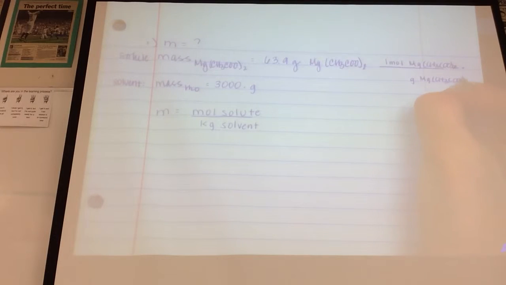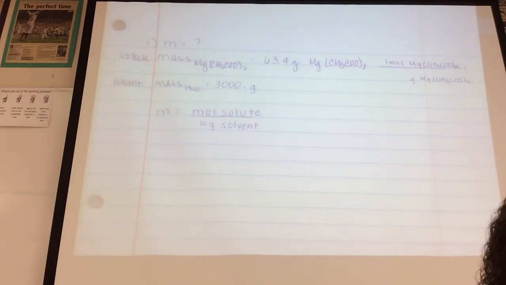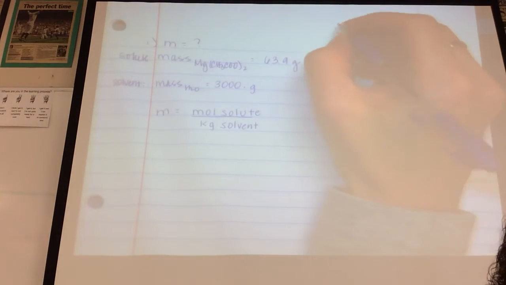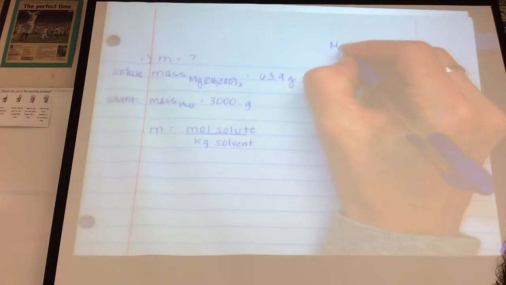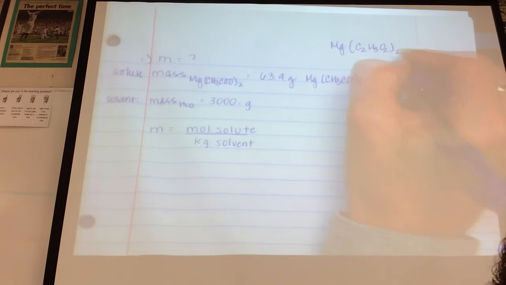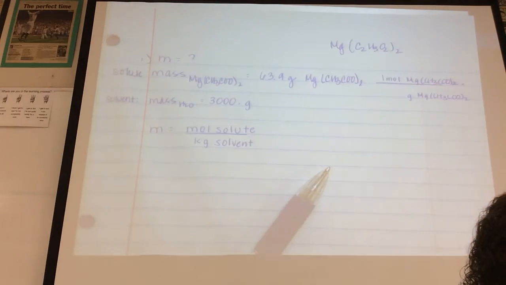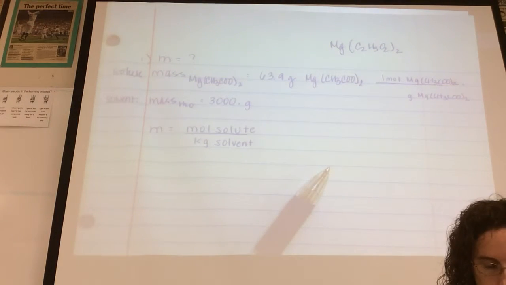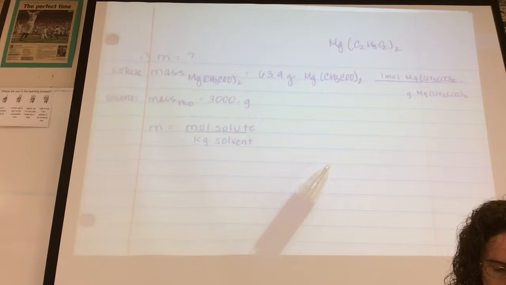Be careful with acetate. It's commonly used because it's soluble, but it may be easier here to combine C2H3O2 twice just in terms of the counting. So you've got 1 magnesium, 4 carbon, 6 hydrogen, 4 oxygen.